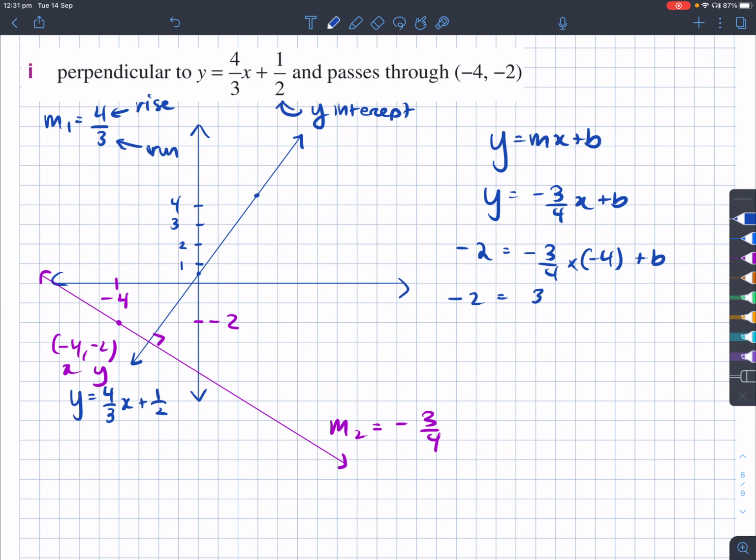You can check that on a calculator. And then we subtract 3 from both sides. So that cancels out. Therefore, -2 - 3 is -5. That is equal to b. So now that we found b as -5, we put that back into the equation here. So y equals -3/4 of x minus 5.